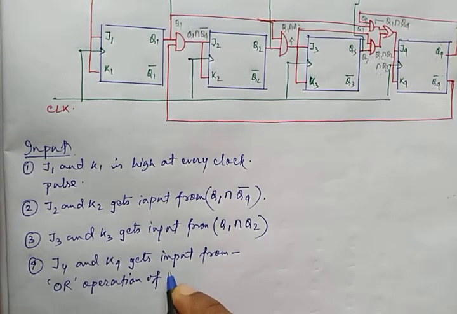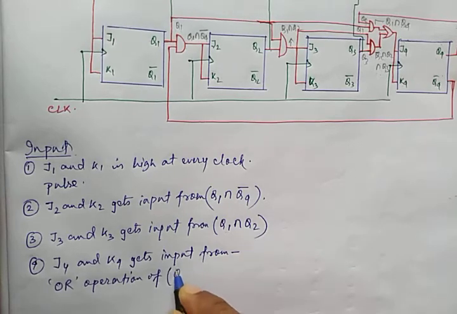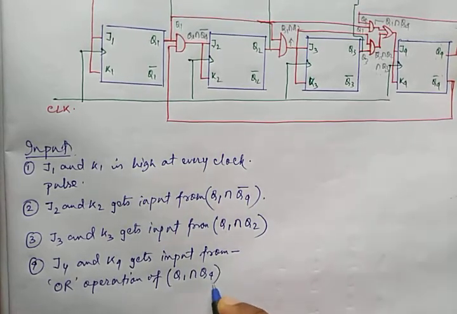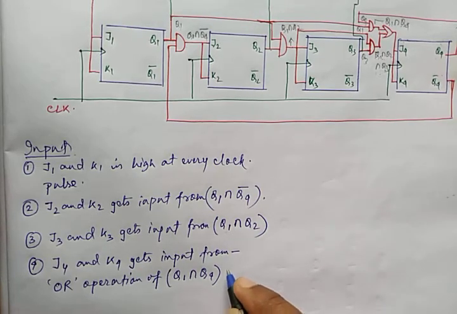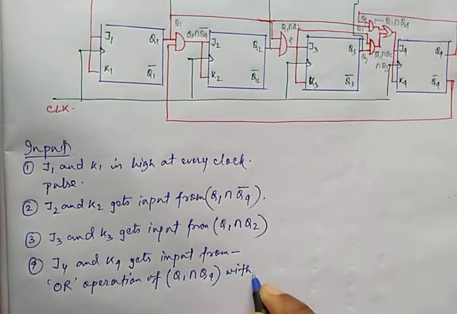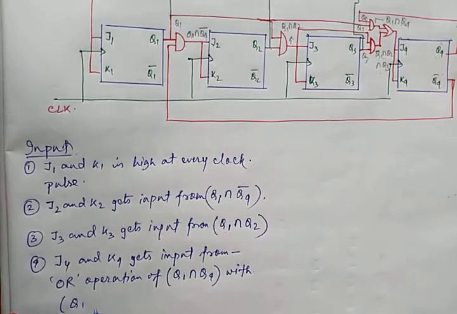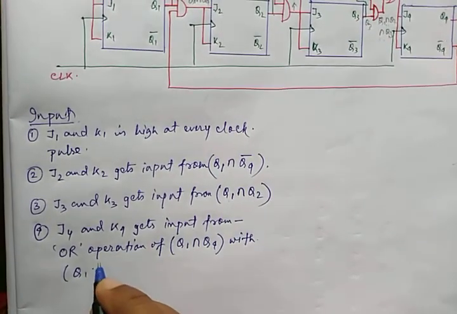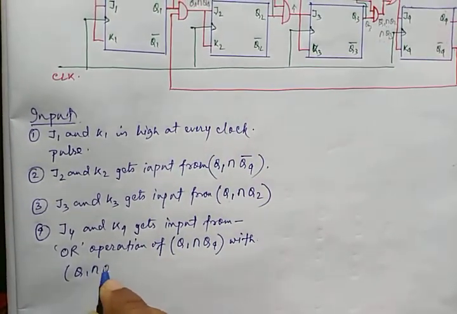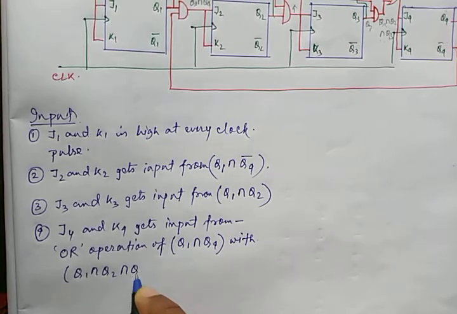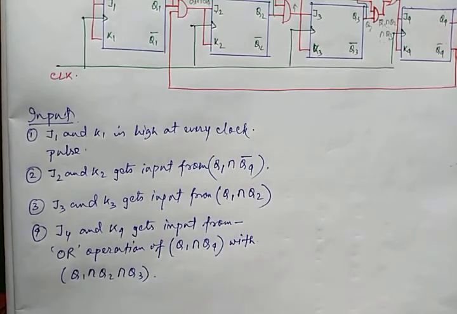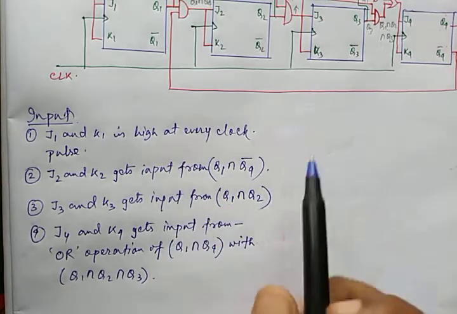OR operation of Q1 and Q4 with Q1 and Q2 and Q3. This is the input of every flip-flop.